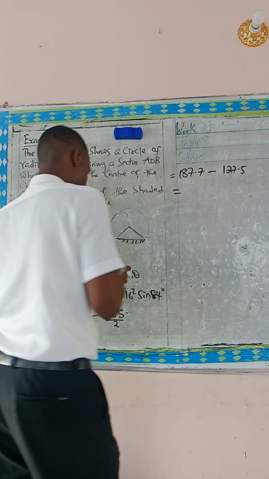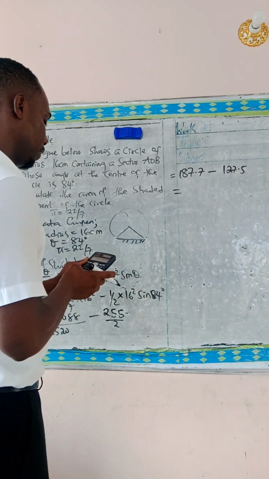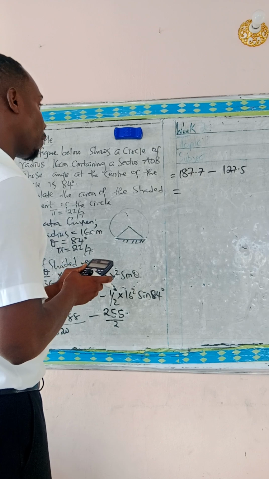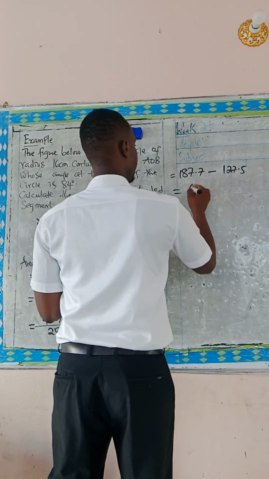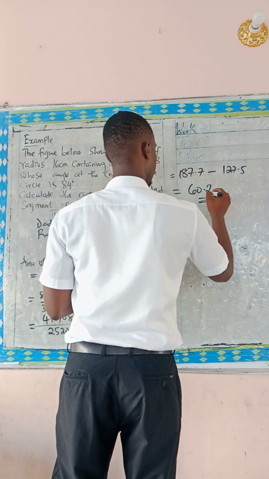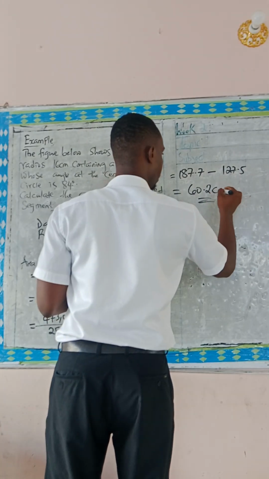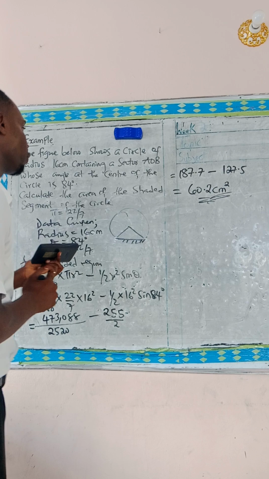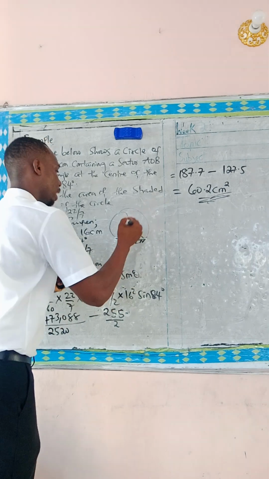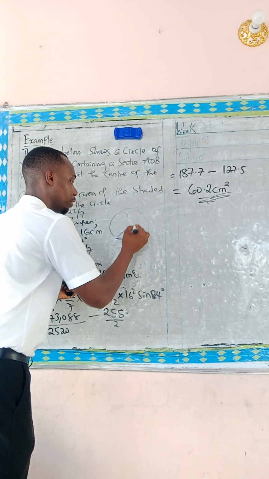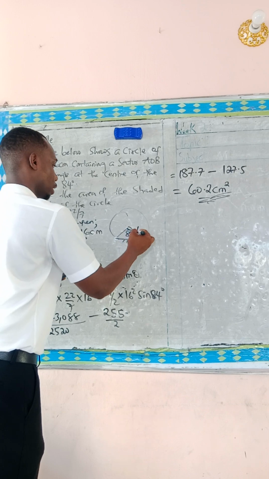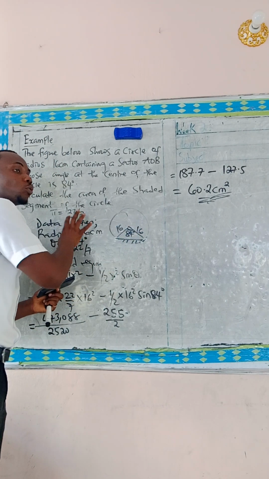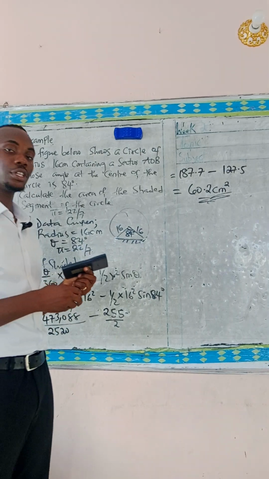You can finally get your answer as 187.7 minus 127.5, and the final answer is approximately 60.2. But you know the unit which will be added is cm square. That becomes the area of this segment. The angle subtended, please don't forget, is 84 degrees, and the radius is 16. Always draw the diagram and attach the data given. Is that clear?